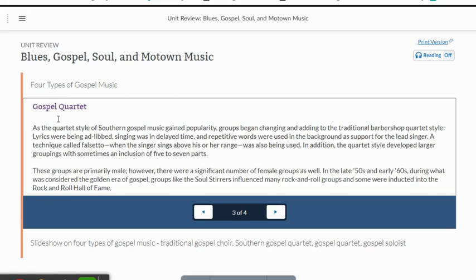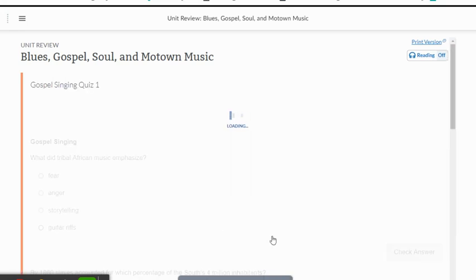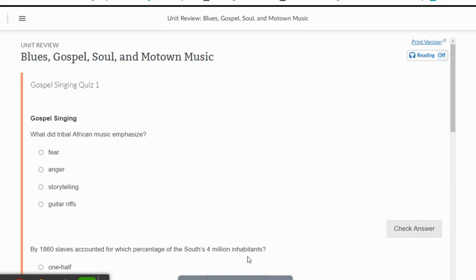The gospel quartet, that's more going on with that. And then the gospel soloist, okay, so oftentimes there would be a solo singer and very, very talented people that would sometimes then want to pursue their own solo careers, like Mahalia Jackson, for example. All right, then there's a quiz about that.